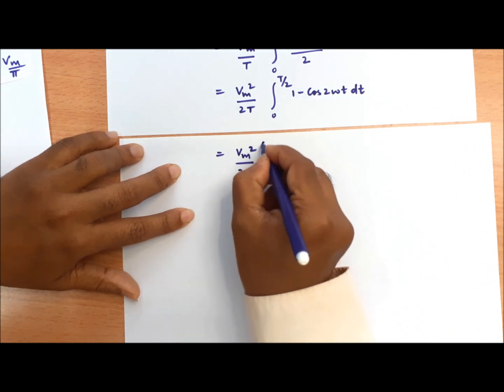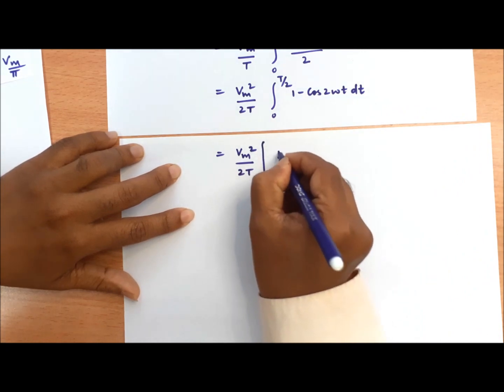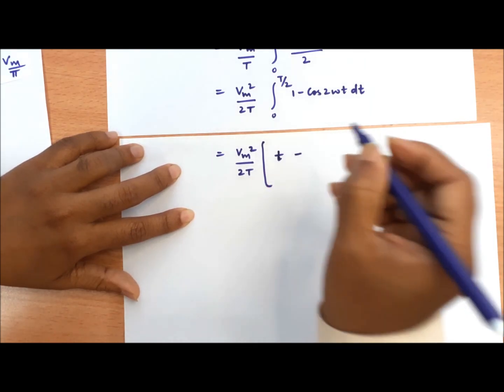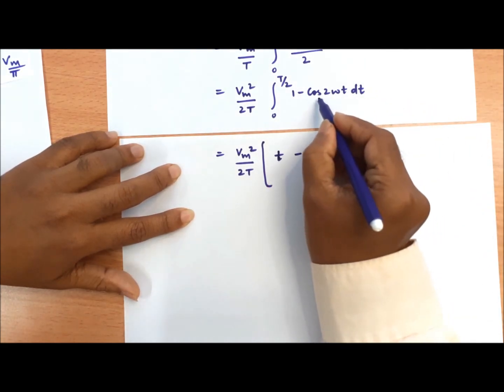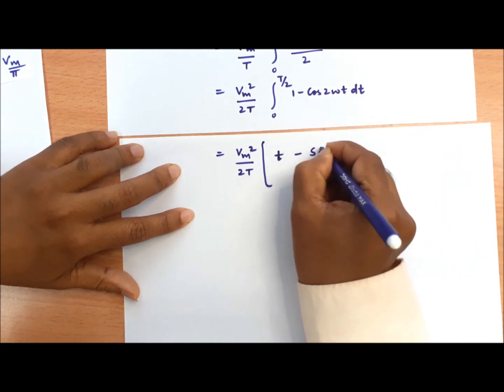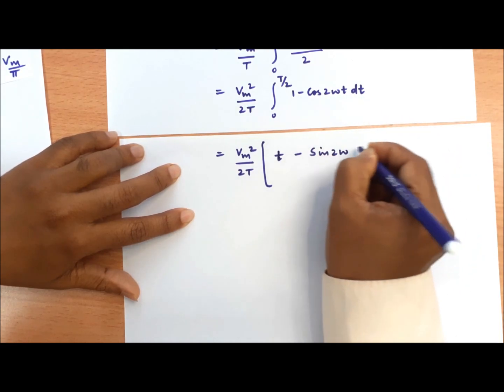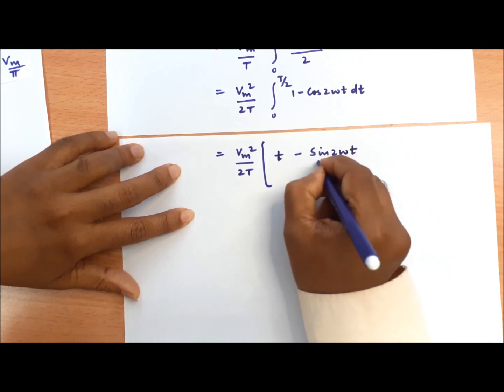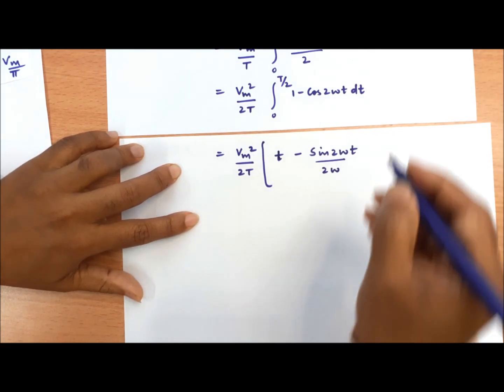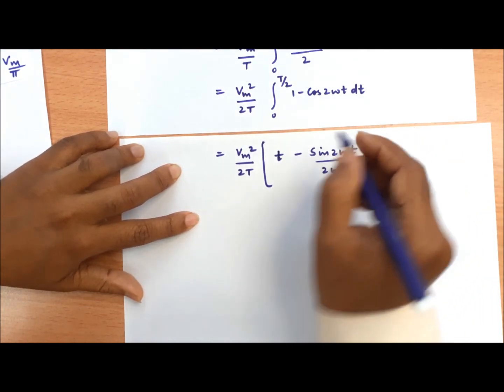Well, it is t, minus, the integration of cos 2 omega t is sine 2 omega t divided by 2 omega, right?